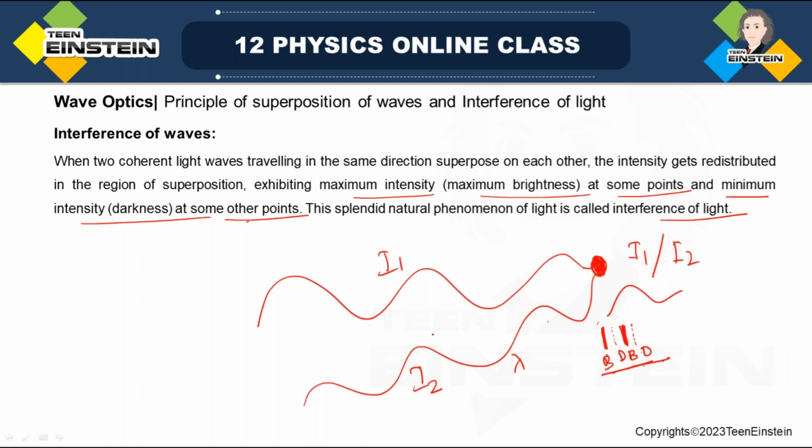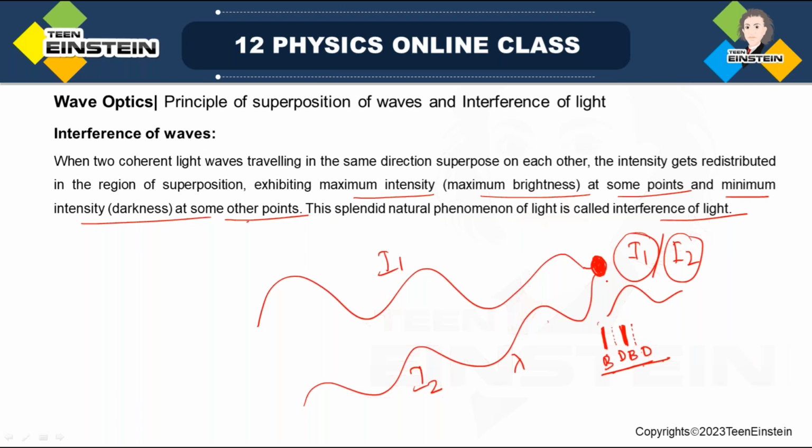I hope you have understood that in the region of interference, at some points the intensity of the light will be maximum, at some points it will be minimum, not the same as the intensity of the incoming or superposing waves.